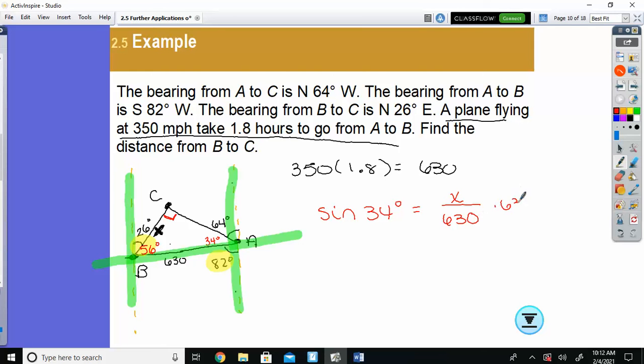Multiply over the 630. So we get 352.2915. If I wanted significant digits, how many did I give you in the problem? 2. So if you wanted to answer with 2 significant digits, you just have to say 350, and we were in miles.